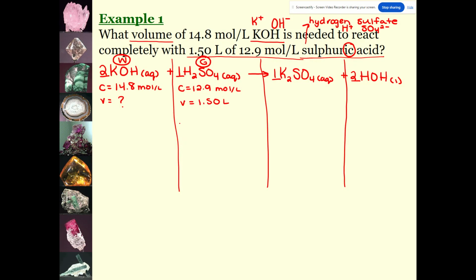Step 2 is to now find moles of my given using C times V. That's the concentration formula rearranged for moles. So my concentration was 12.9 moles per liter, and my volume is 1.50 liters. So this liter's at the bottom, it'll cancel with that liter, and we will be left with moles.